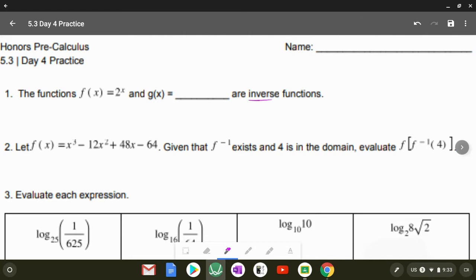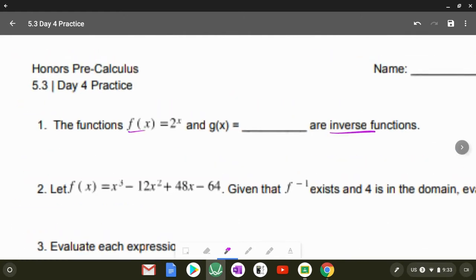We can find the inverse right away by switching x and y. And then the way we get y by itself, remember we use logs. So y equals log base, the log matches the base of the exponent. And there's our inverse. We got y by itself. That goes back and replaces with our function notation.